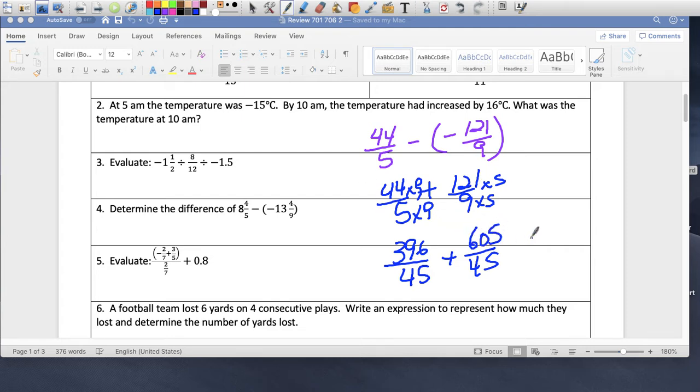Now, add them. 605 plus 396 equals 1001. Oops. So 1001 over 45. I change that to a mixed number. It's going to be 22, and, well, it's going to be over 45. Let's see how much is left over.